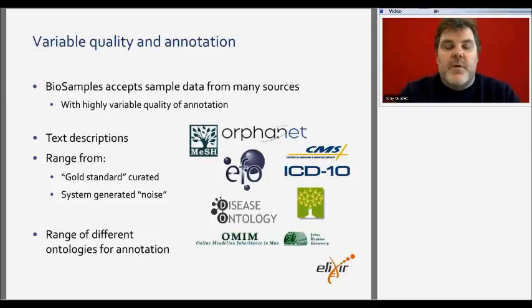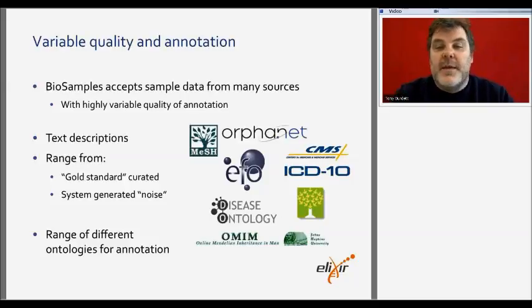We need to look at the textual descriptions and figure out how best to normalize that data. These range from very gold standard, highly curated data, right down to what I call system-generated noise. It's really just attributes that a database has stuck on through some submission system or through some automated pipeline process. We don't really know how useful any of that is.